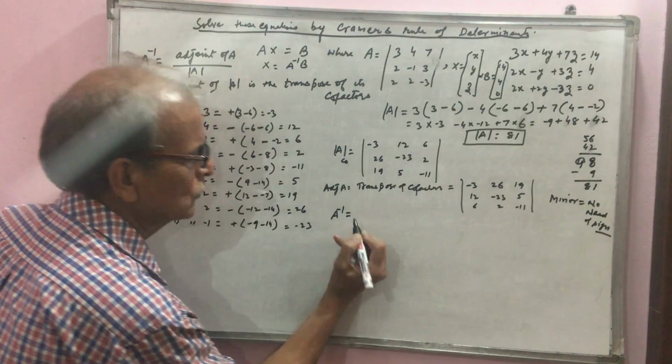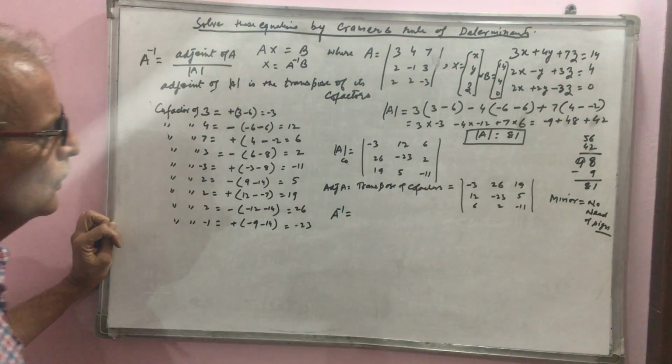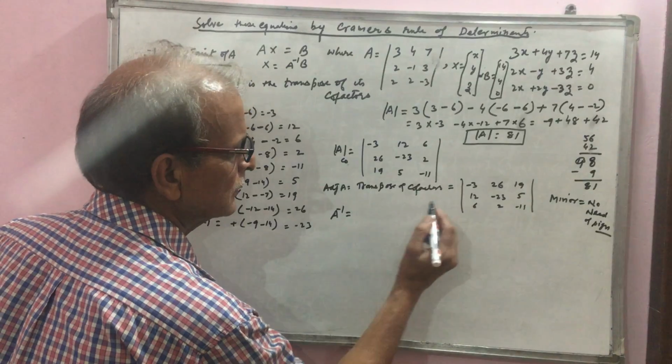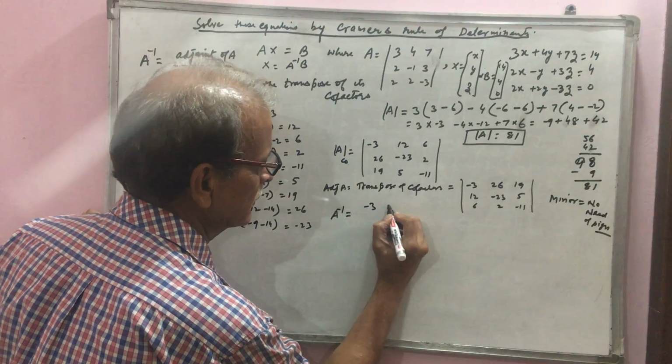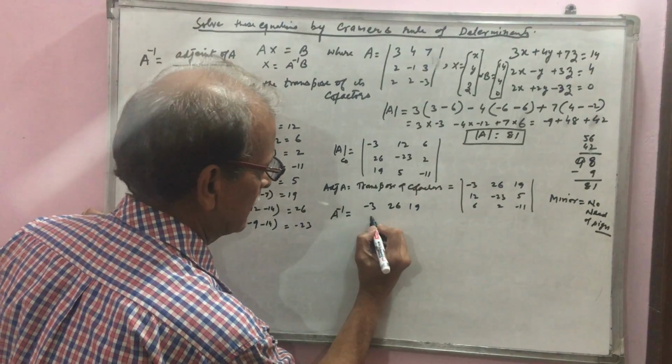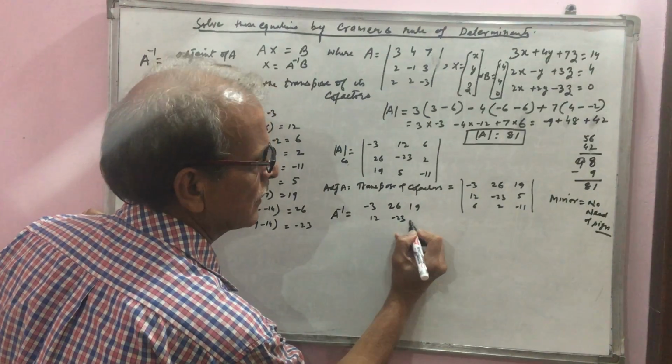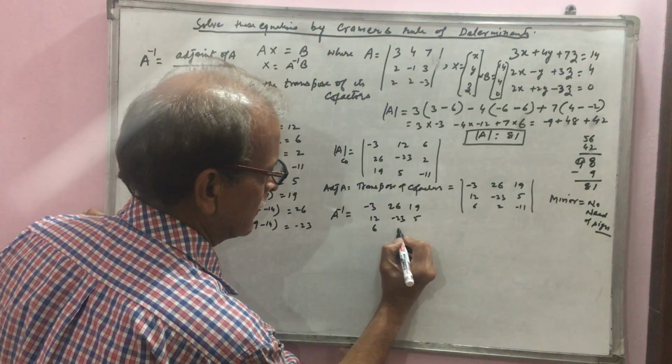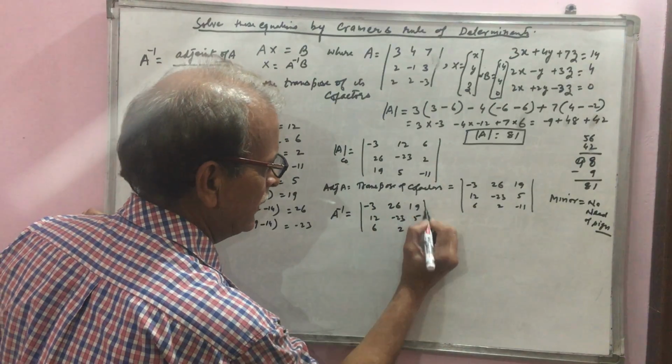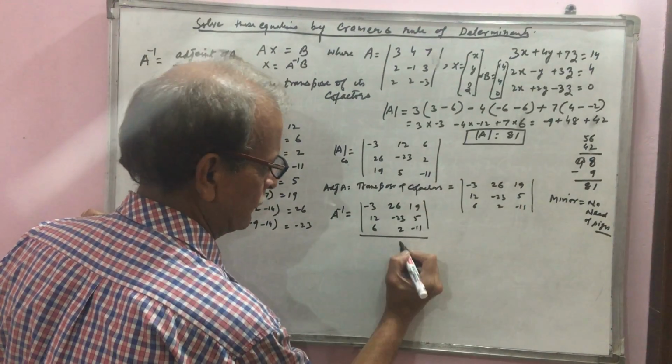Now we have to find the A inverse. A inverse is equal to the adjoint of A, this matrix, divided by the determinant of A, which is 81.